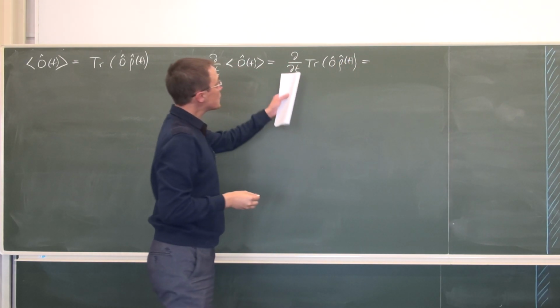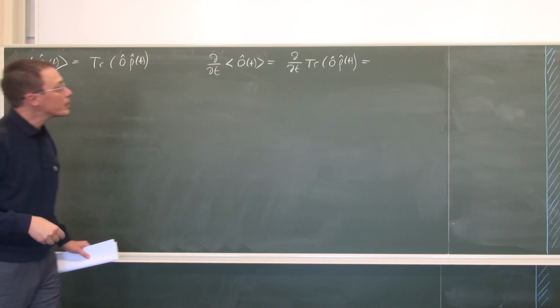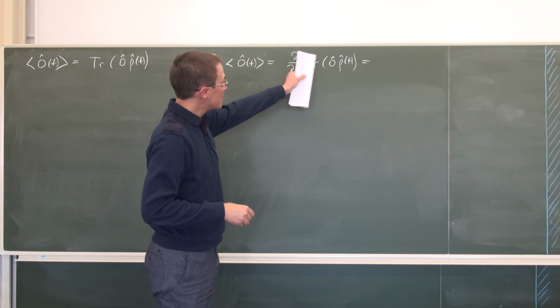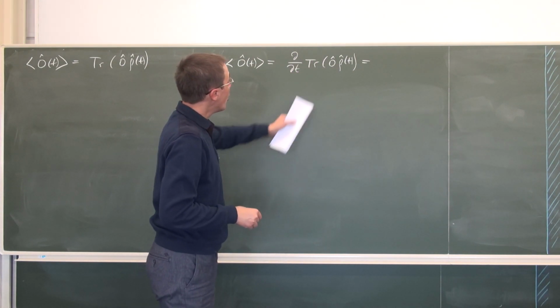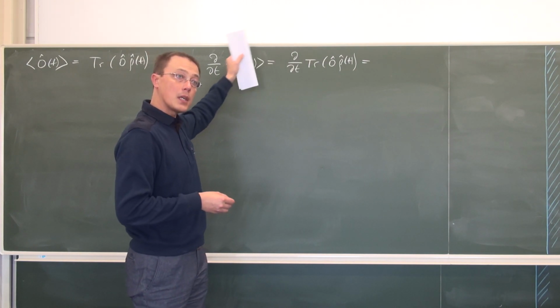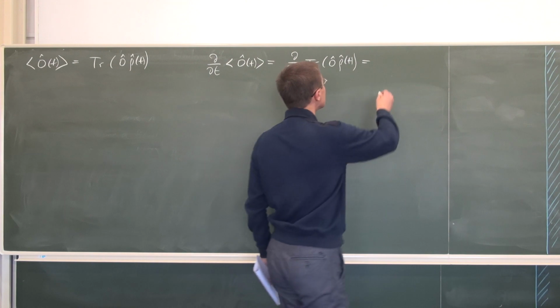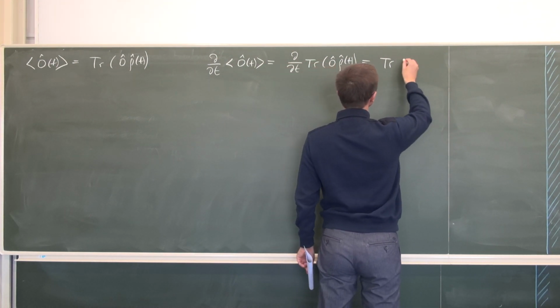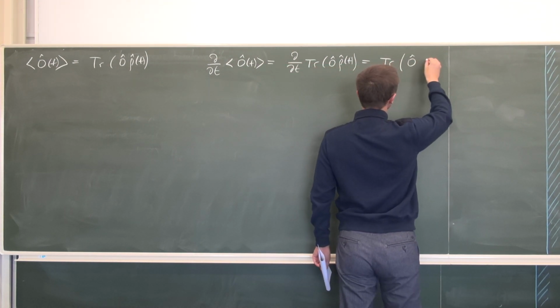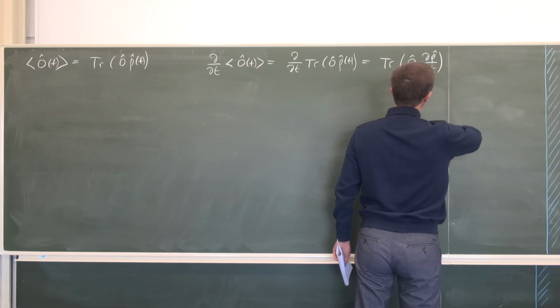Now remember that trace is a linear operation, it's just a diagonal sum across the matrix, so we can pull the derivative inside. O is a constant operator, this is our observable, we can take it out of the derivative, and so we are left with just the derivative of the density matrix. So, trace of O d rho dt.